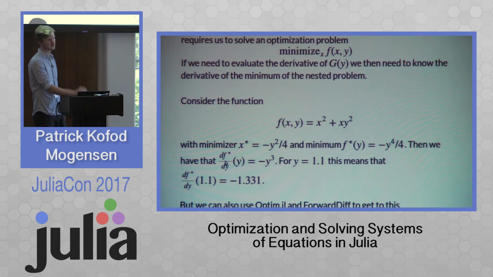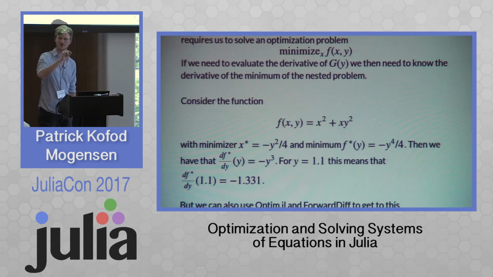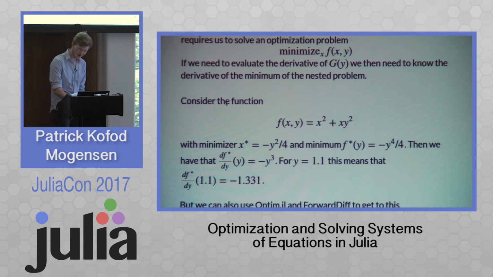And then we can find how much the optimal value and how much the minimizer changes as we change y. Okay, so remember, we're changing y in g to make that 0. And that then has an effect on the result of this minimization problem. So then we can do it by hand like this and find that, okay, at 1.1, the derivative of the result of this problem is minus 1,331.